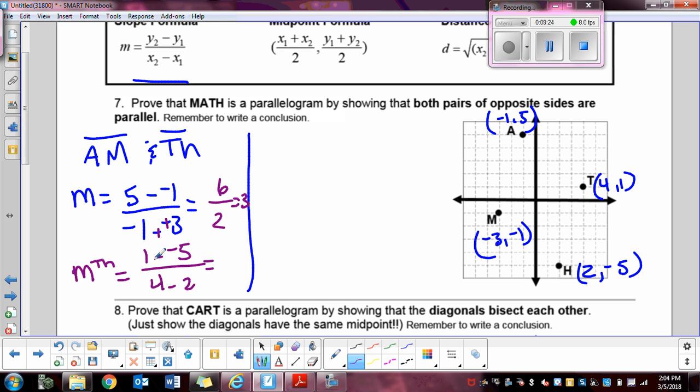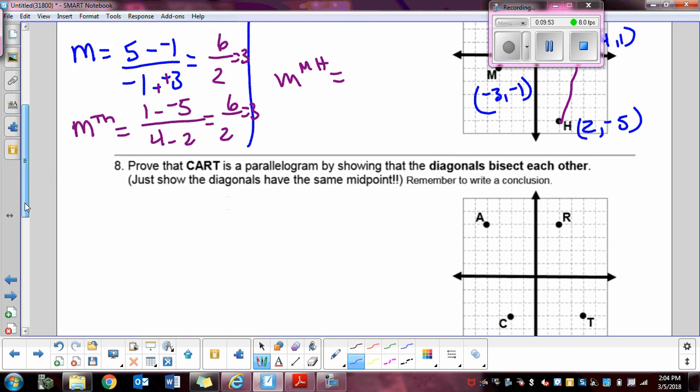So we have 1 minus -5 is 6, over 4 minus 2 is 2, which we know is 3. Okay, so I know that these two sides are parallel. I want you guys to tell me if the other two sides are parallel. So find the slope of A and T, and then find the slope between M and H. Tell me if they're parallel. If they're equal, then they're parallel.